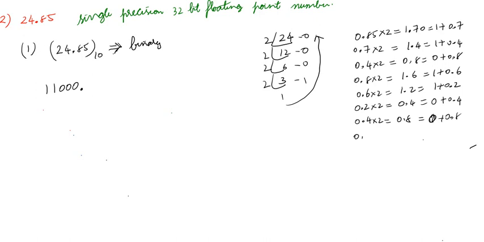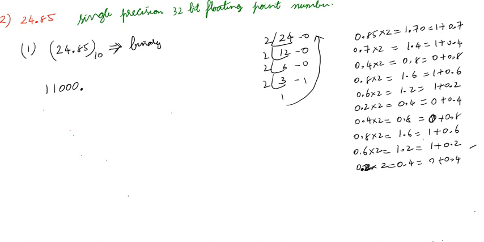So 0.8 multiply with 2, which is 1.6, which is 1 plus 0.6. Okay, so again it is repeating. You can see here 0.8, 1.6, 1.2, 0.4, 0.8, 1.6. If you keep going, it is 0.6 times 2, which is 1.2, so it is 1 plus 0.2. Again 0.2, take the fractional part, 0.2 times 2, which is 0.4, which is equal to 0 plus 0.4.